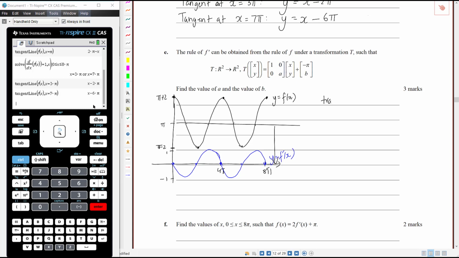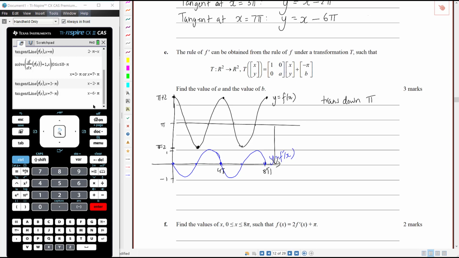Okay, so we need to translate down by pi, and so that will move the graph down to here. Not exactly, but at least move it so it's got its center at pi. Now the other thing is we're going to need to do a translation so that the maximums and minimums align.